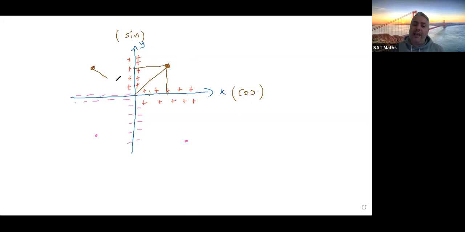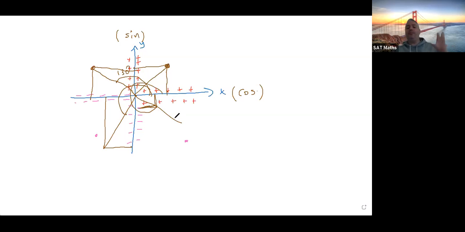If you take any angle like 130 degrees, for example, its cosine is negative, its sine is positive. If you take any angle in the third quadrant, its cosine is negative, its sine is negative. If you take an angle like 330, let's say, in the fourth quadrant, cosine is positive, sine is negative.